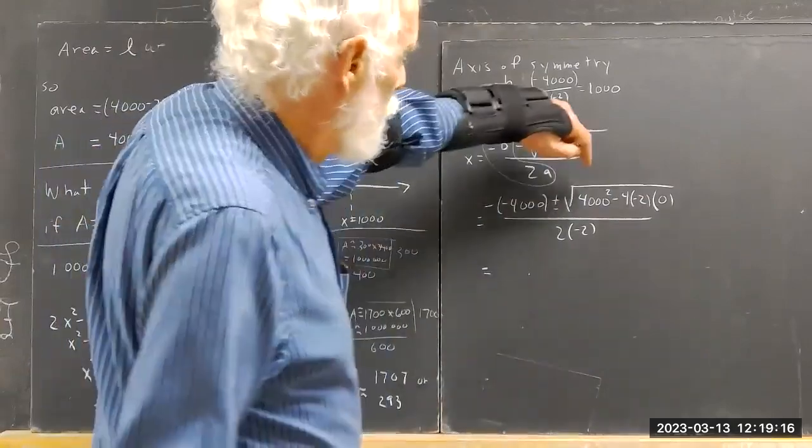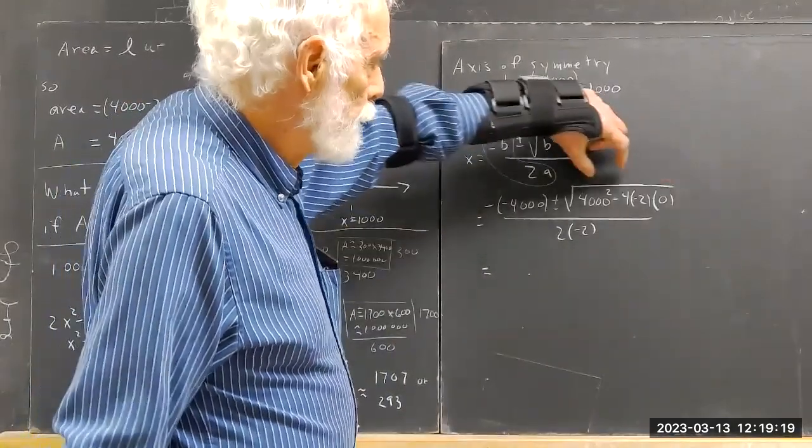When we do this, we get 0 here for the 4ac.